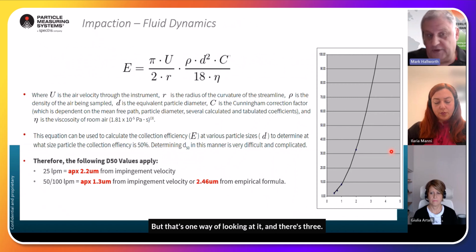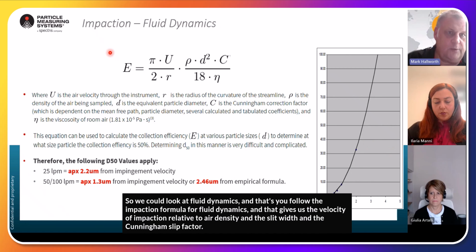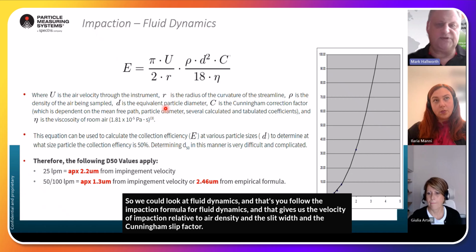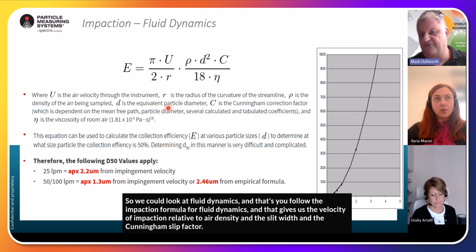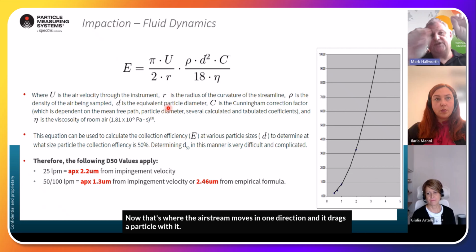But that's one way of looking at it, and there's 3. So we could look at fluid dynamics, and you follow the impaction formula for fluid dynamics, and that gives us the velocity of impaction relative to air density and the slit width and the Cunningham slip factor. Now that's where the airstream moves in one direction and it drags a particle with it.